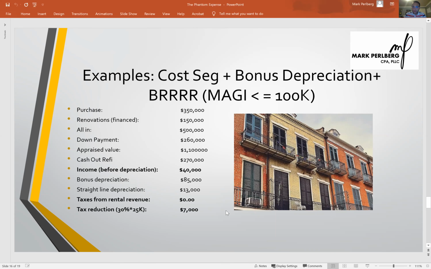So we have over $50,000 in write-offs, and we can deduct $25,000 of it against the other sources of your income. So in this instance, at an effective tax rate of 30%, we are estimating savings of roughly $7,000, meaning that you're going to have a cash flow positive asset and you're going to get a tax refund of $7,000.